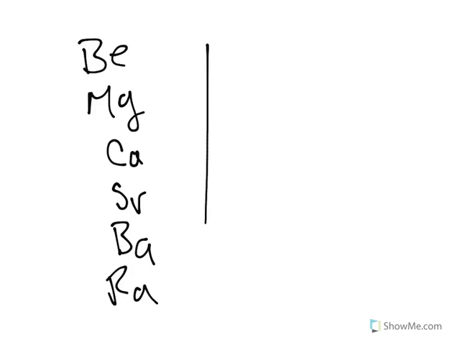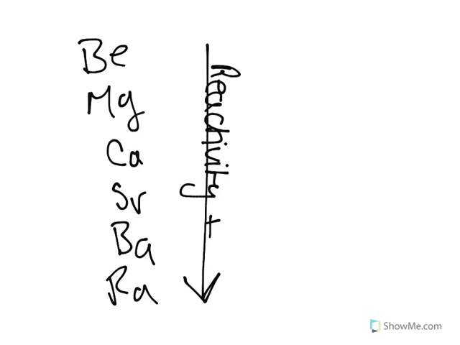Now the trend in reactivity of the group 2 metals, so if we went Be, Mg, Ca, Sr, Ba and Ra, the reactivity increases down the group. This is because group 2 metals are trying to lose their outer shell electrons.